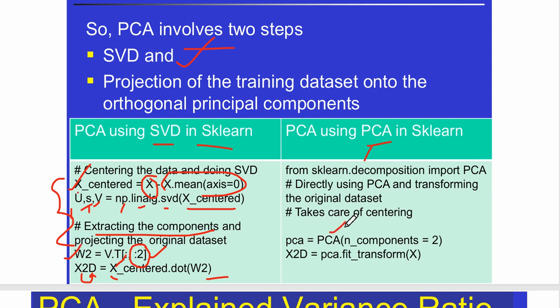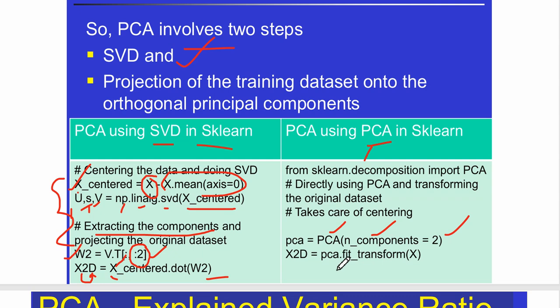Directly, we have the PCA class in sklearn. From that also we can implement the PCA. So PCA equals PCA with one hyperparameter, n components equal to 2. That means it picks only two components from the entire dataset features.